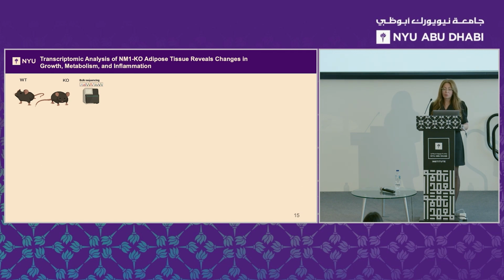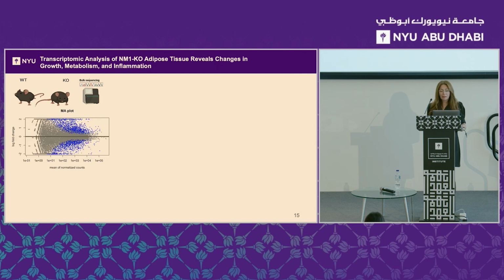Then we performed some bulk RNA sequencing on the tissue that we isolated, and we found that around 1,500 genes were differentially expressed between wild type and knockout, of course, significantly.